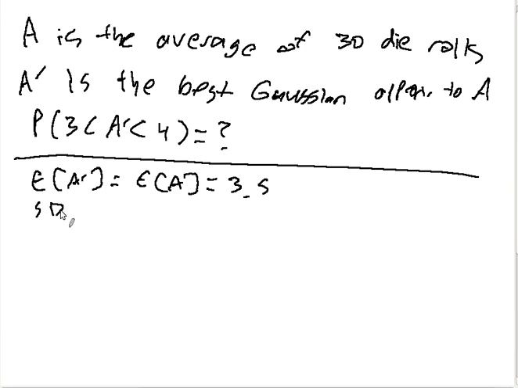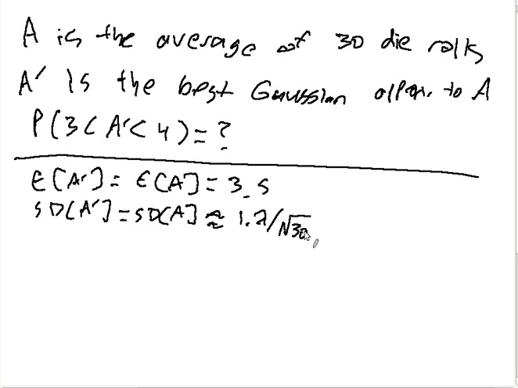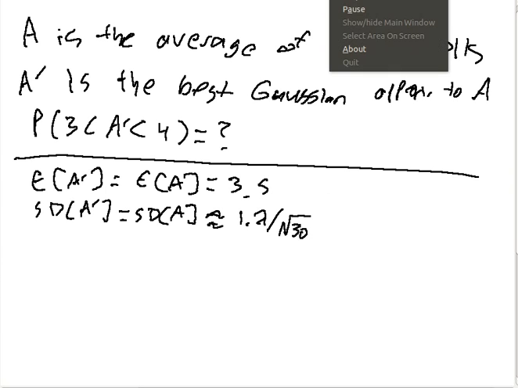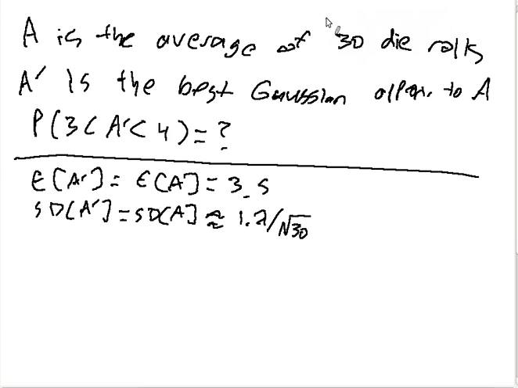The standard deviation of A prime is going to be the standard deviation of A, which, as we saw before, will be the square root of 35/12, approximately 1.7, divided by the square root of the number of die rolls, or the square root of 30. Which is approximately 0.31.